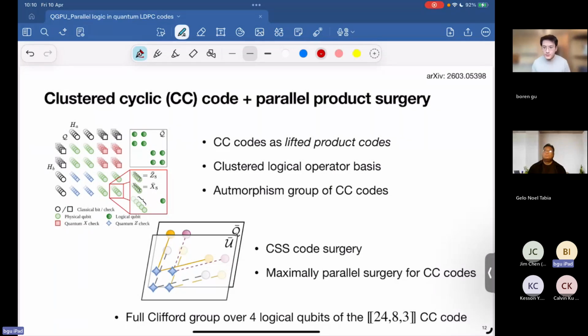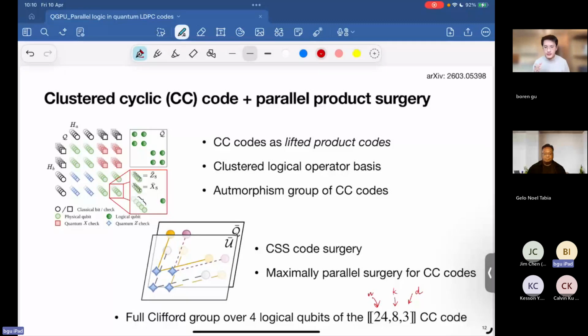24H3 CSS code. For those not quite familiar with these code parameters here, 24 is the number of physical qubits, often labeled by n, the number of logical qubits is labeled by k, and the code distance is labeled by d.